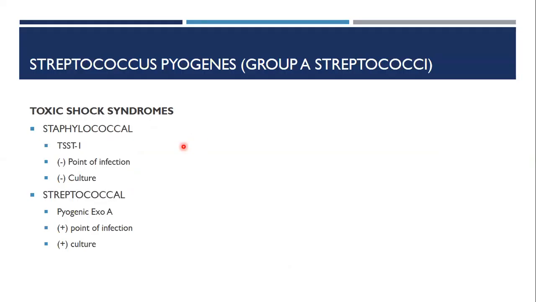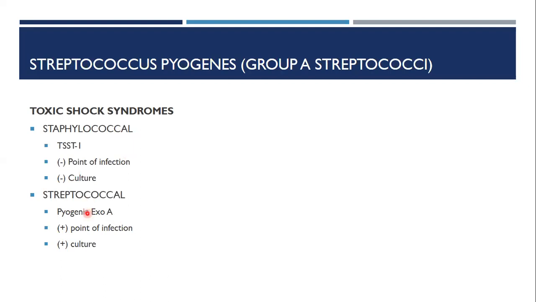So this is what I have mentioned, that the toxic shock syndrome caused by Staphylococcus aureus is caused by the TSST-1, whereas the streptococcal toxic shock syndrome caused by Streptococcus pyogenes is caused by an exotoxin.